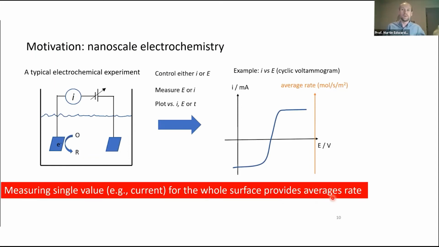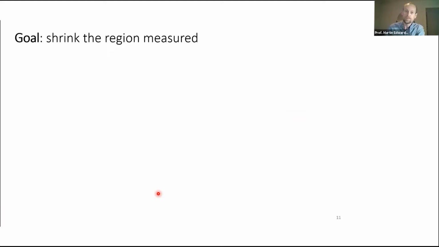And maybe I don't need to be laboring this to a scan probe audience. We all think about looking at the detail of whatever process we're looking at. A traditional electrochemical experiment doesn't do that, but moving to the scan probe regime does. And so the goal, like with many scan probe measurements, is really to shrink the region we measure.